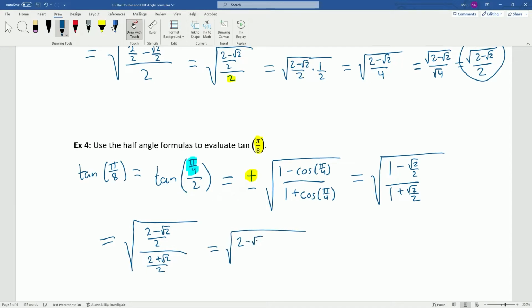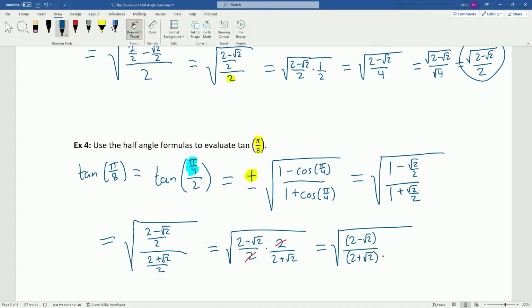And now I'll rewrite this division as multiplication by the reciprocal of this denominator. The 2 over 2's cancel. And we get 2 minus root 2 over 2 plus root 2.